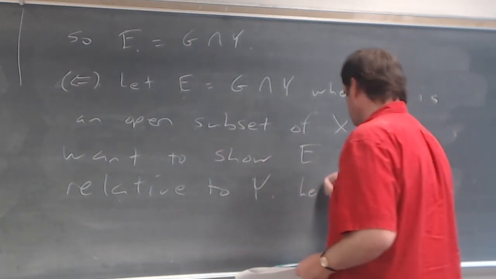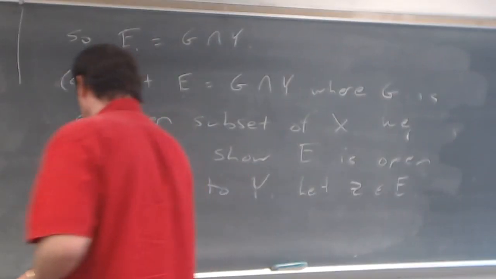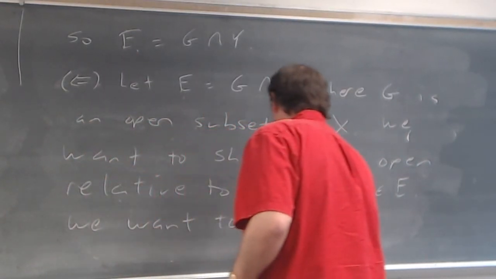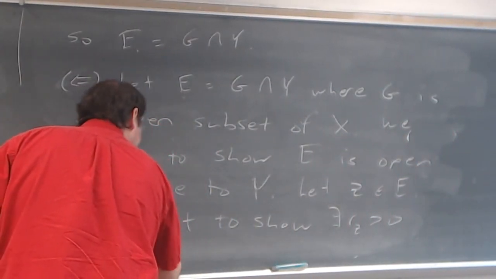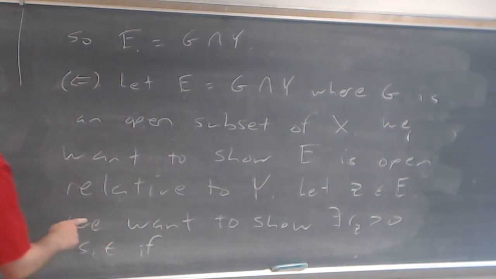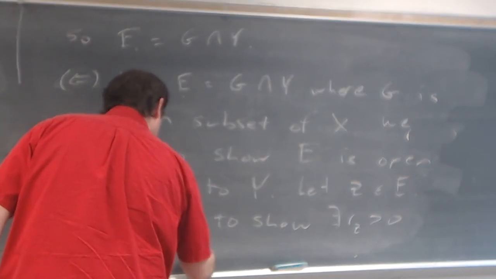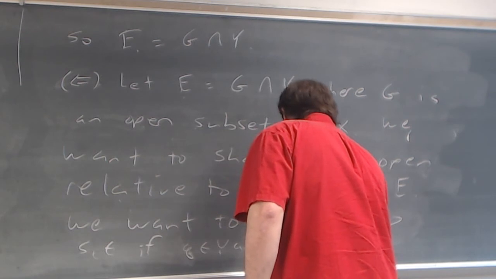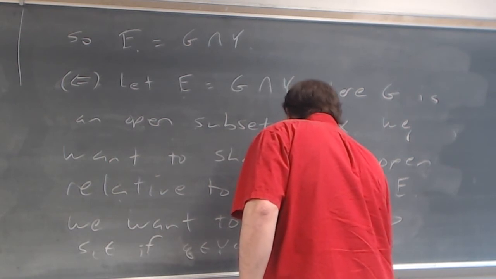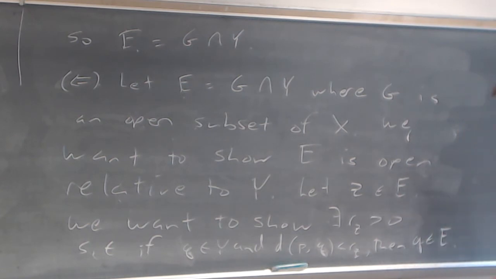Well, we're going to let Z be an element of E. We want to show there exists an R sub Z, greater than 0, such that, using the definition of what it means for E to be open relative to Y, if Q is an element of Y and the distance between Z and Q is less than R sub Z, then Q is an element of E. That's what we want to show.